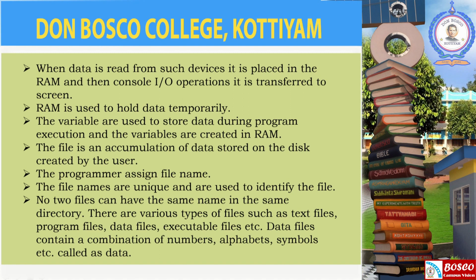So when we are using files in our program, the data taken from the input devices will first be stored in the RAM. Then it will be transferred to the secondary storage devices, and to perform any operations it will be retrieved from the secondary storage devices, and after performing operations on the data it will be transferred to the output device.